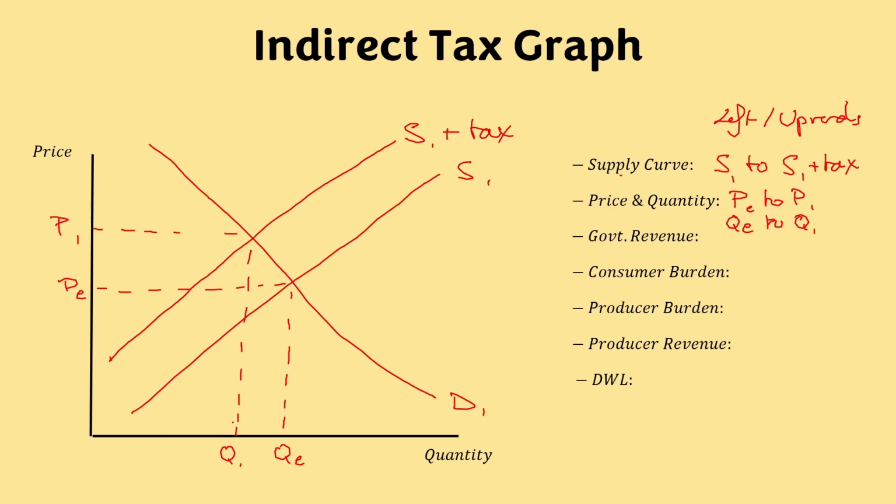Because remember, this is an indirect tax levied by the government. So the government will get some sort of revenue from this, okay? Now, in order to show this on the graph, first of all, let's remind ourselves again that this vertical distance here between the curves is the tax, right?